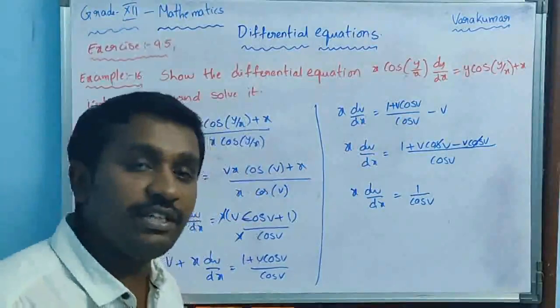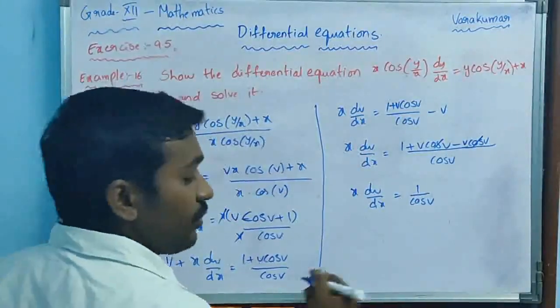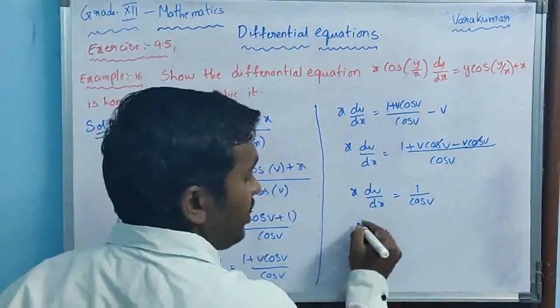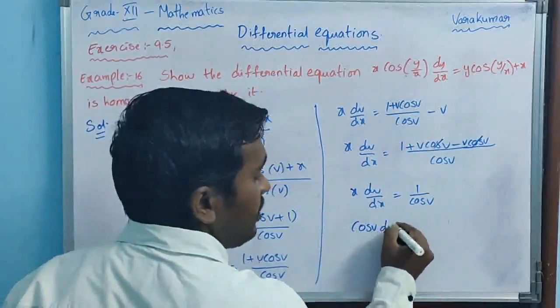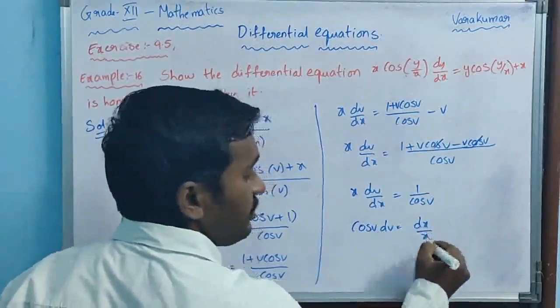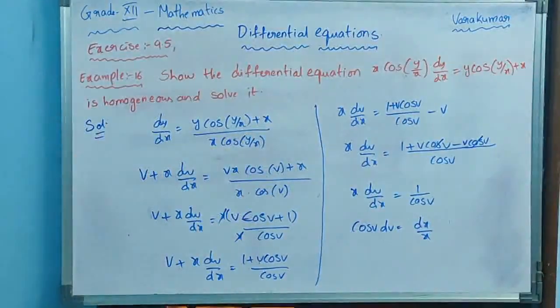We can separate the x and v terms, then do the integration. So cos v goes here: cos v dv = dx/x. Now what are we supposed to do?